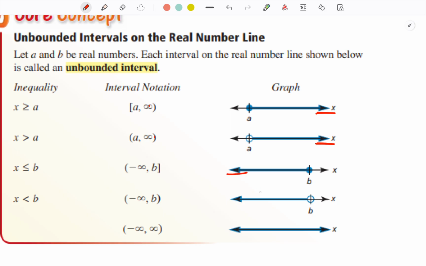Then if you go down forever, you are going to use that negative infinity symbol. And of course, if you continue forever in both directions, then you will use negative infinity to positive infinity.